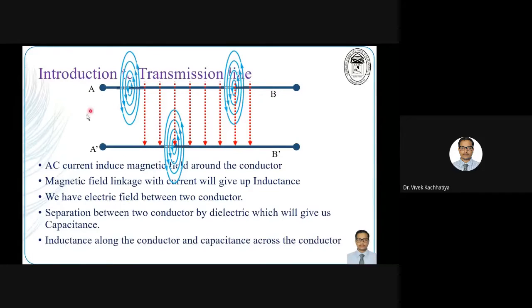So now we have inductance along the conductor A to B, and capacitance across the conductors. And this is not at a single point, but present throughout from A to B, from A dash to B dash.